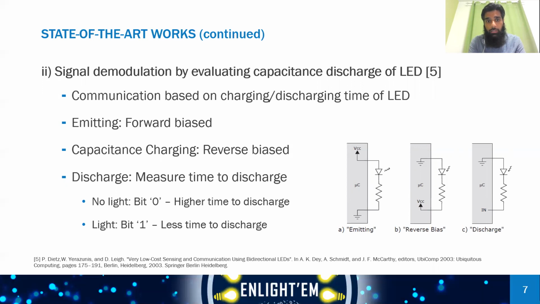When there is low light, which can be bit zero, the discharge time is higher. And when there is presence of light, it is bit one, and the discharge time of the capacitor is less. By comparing the discharge time, they decide between bit 0 and 1.